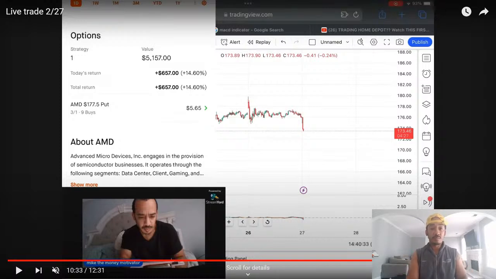VTI. Also, the stocks that you trade are very important. Technology companies lead the stock market. When you're looking at VTI, they are the highest percentage of VTI. I'm talking about Amazon, Nvidia, AMD, Apple.